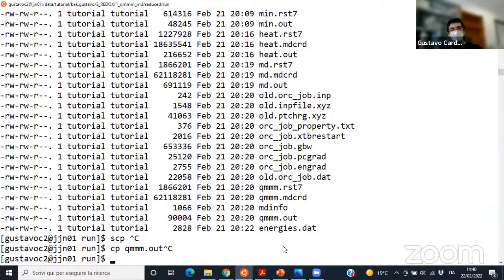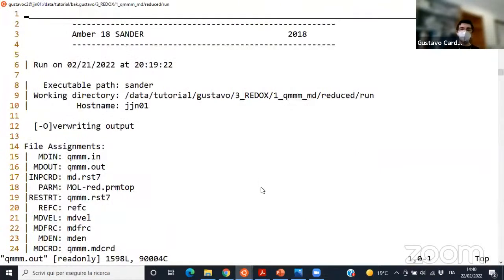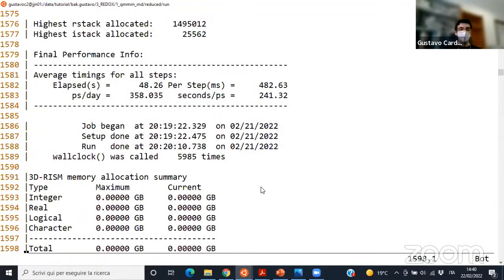So this is the output for the QM/MM MD simulation, QMMM.out. Again, if we go to the end of the file, we see that it finished properly, although in my case it didn't, but that's okay, I think. Now, what is the data we're interested in from this QMMM.out?